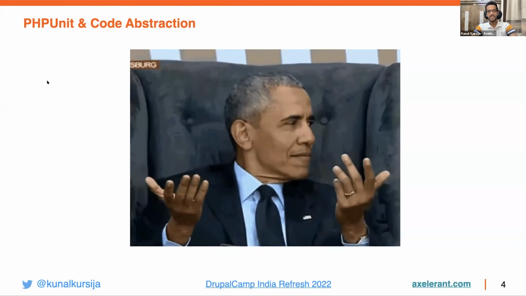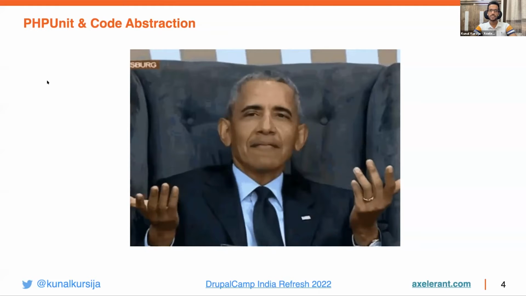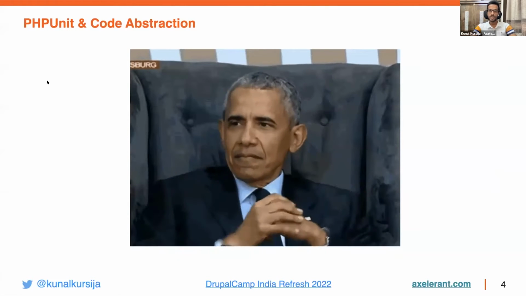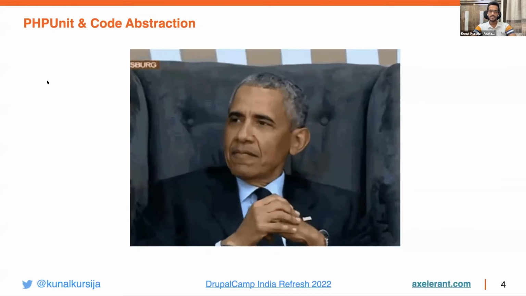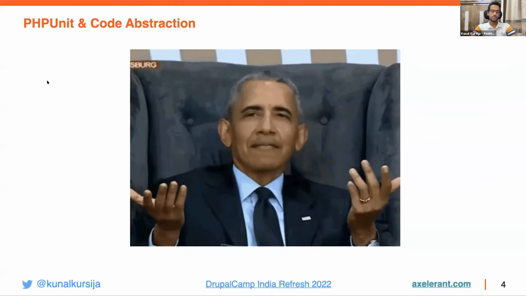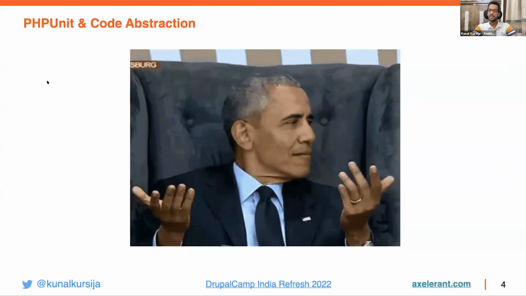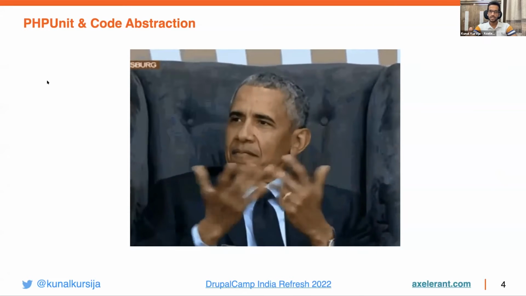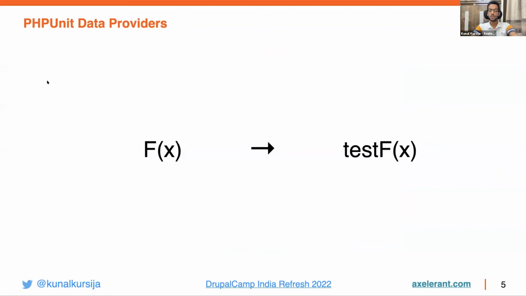Traits are structures which contain your helper functions, because PHP does not support, or Drupal is not supporting, multiple inheritance at this time. Traits are one way, but I'll walk you through how PHPUnit data providers can also provide you abstraction. Let's go ahead and talk about PHPUnit data providers.